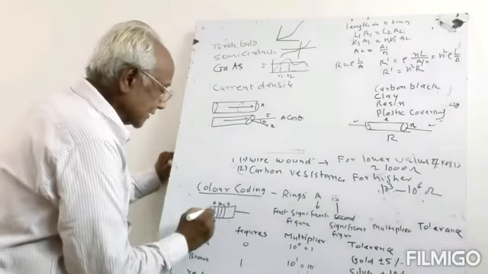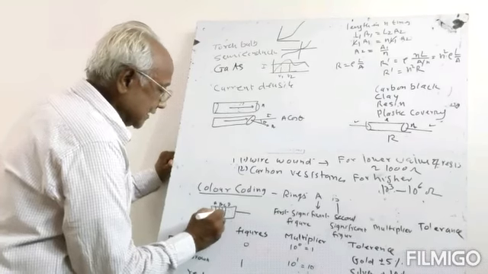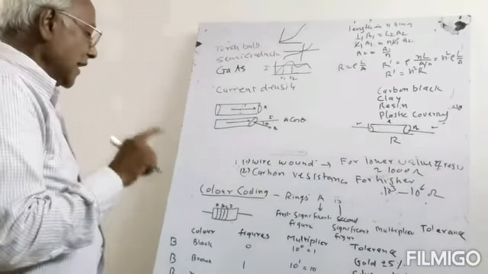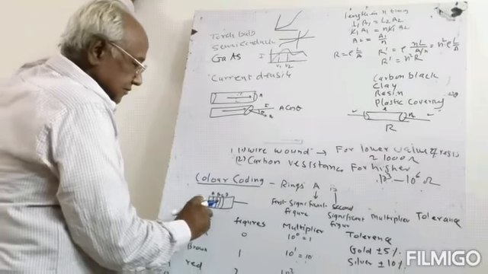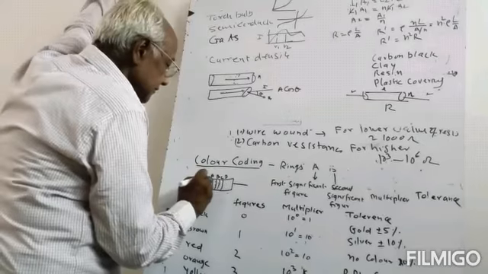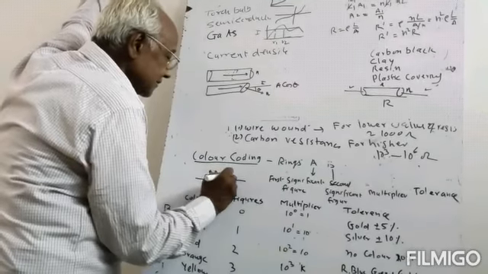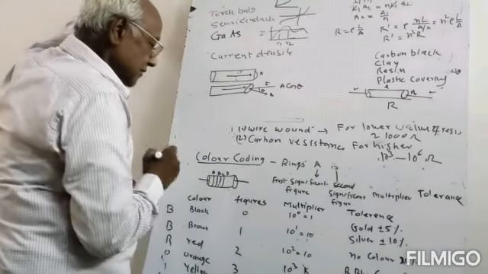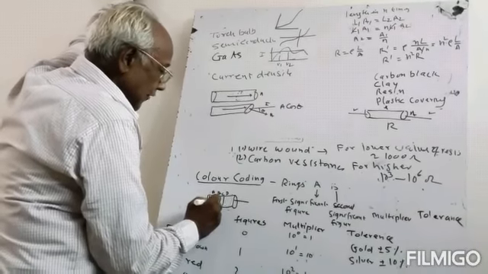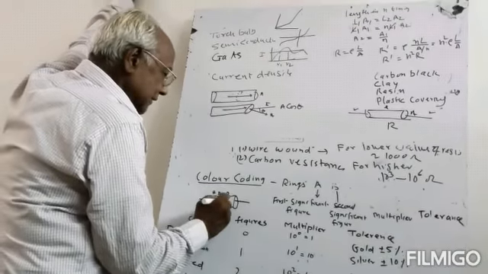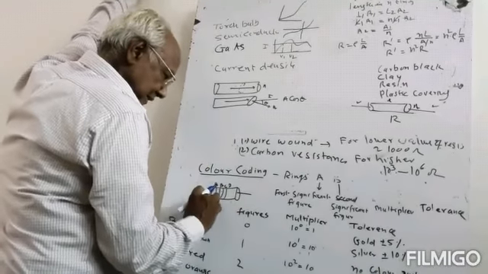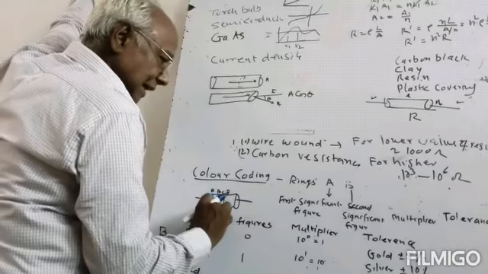There are 4 rings: first ring A, second ring B, third ring C, and fourth D. These 4 circular rings are on the body of the carbon resistance. The color of all these rings is different. Their thickness is the same, but their colors are different.